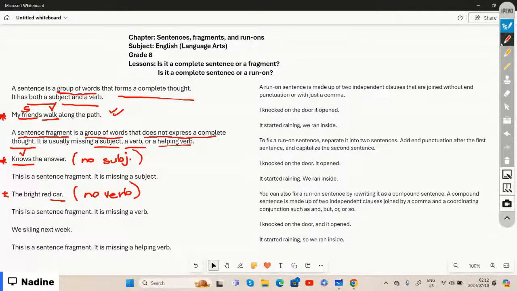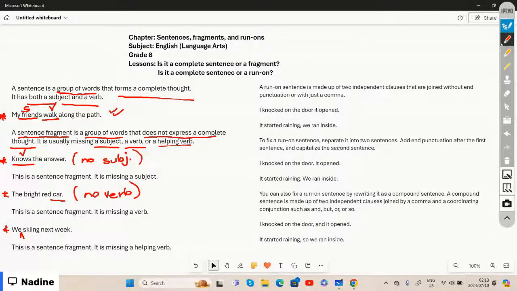All right. And then we have another one, which is we skiing next week. If we look at what is missing, next to we and skiing, we are missing something.